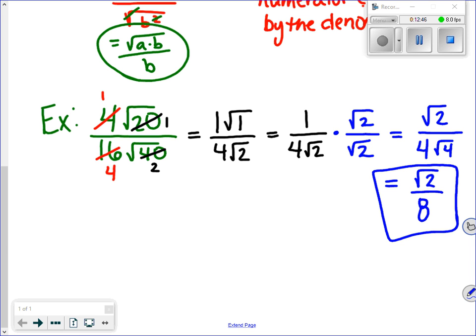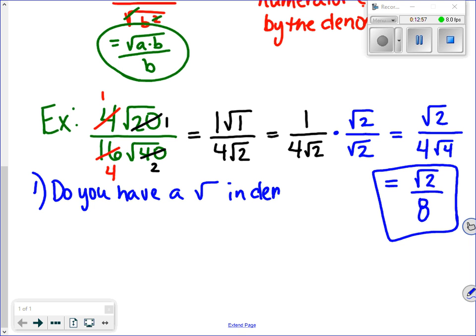So when you're checking simplify completely, you're going to ask yourself, do you have a square root in the denominator? Can your square root simplify?